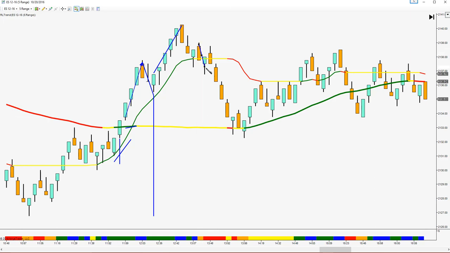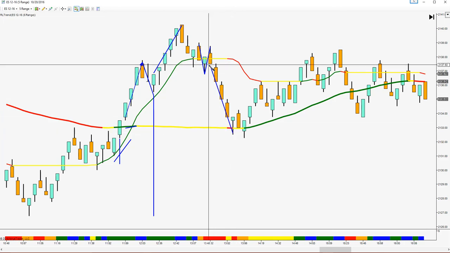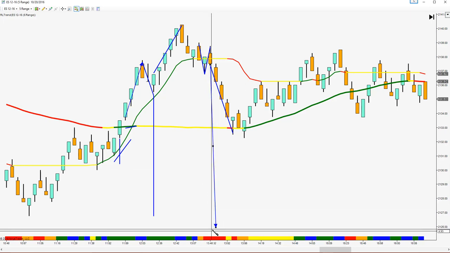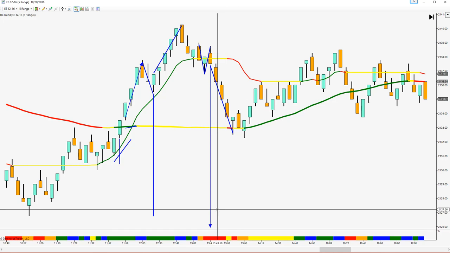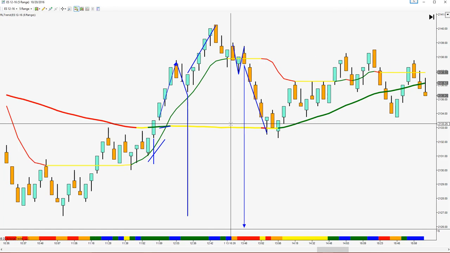Now, here is a counter trend trade that's going to work. It pulls back to resistance and then continues to the downside. Look what you have. Order flow is aligned to the downside for a very, very successful counter trend trade. When you trade short above the 50, we consider that a counter trend.